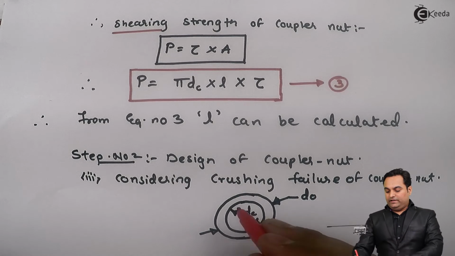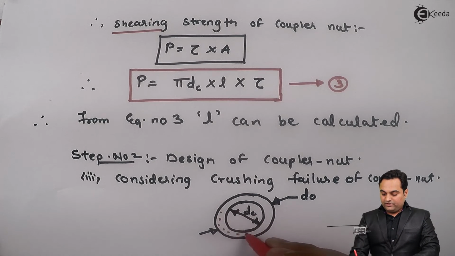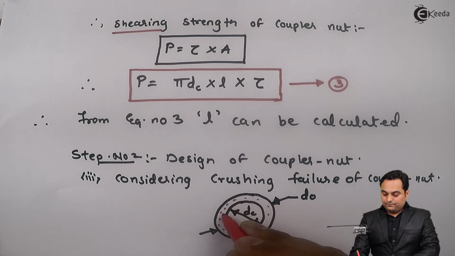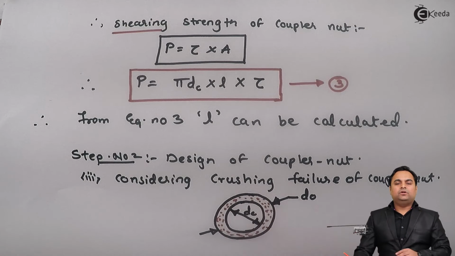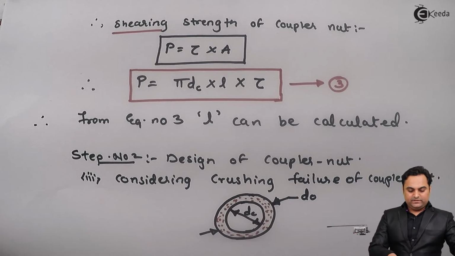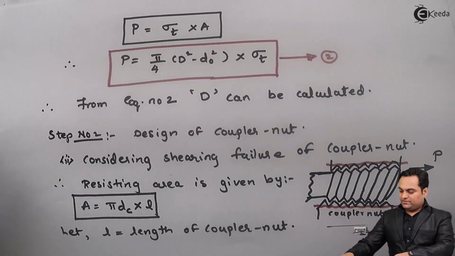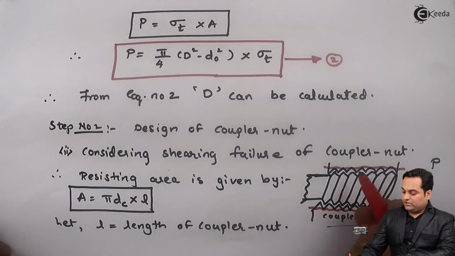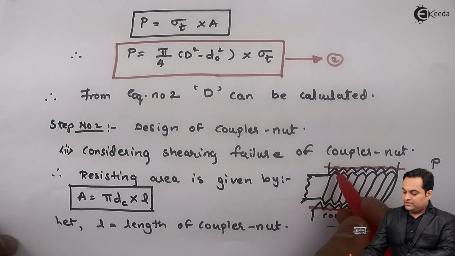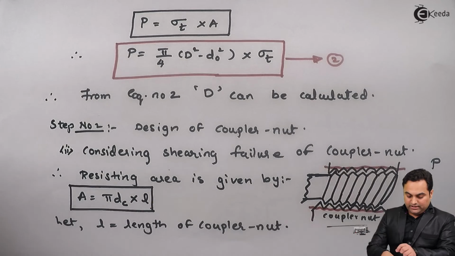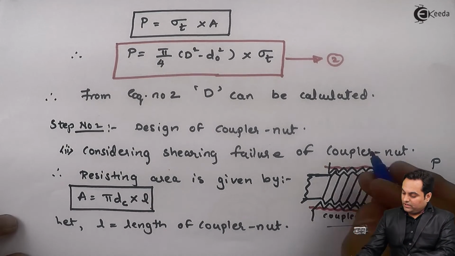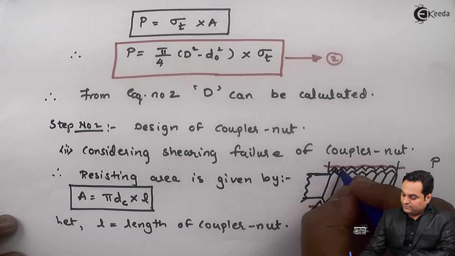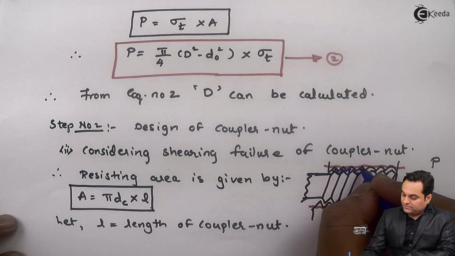See, crushing will take place at this outer periphery. This is the region which will crush. Now, how does this crushing take place? As I have explained in this diagram, this was in case of shear. Now, instead of shearing, these screw threads, they are in contact with the nut. So, instead of shearing, they can even crush like this. They can just crush.